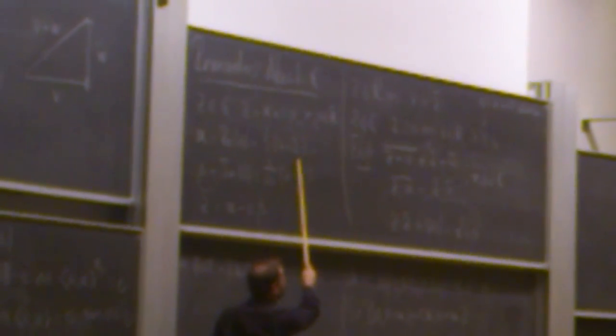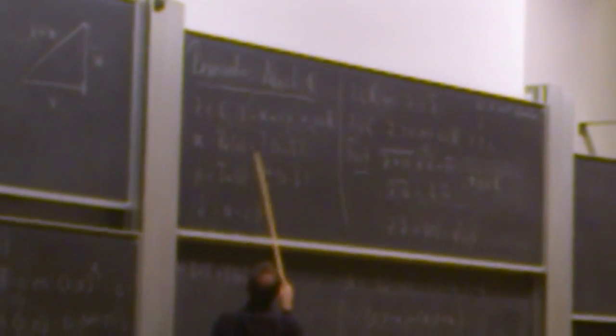So if you take any complex number and add its complex conjugate, and if you divide by 2, then you get the real part. If you don't divide by 2, you get 2 times the real part. So this is 2 times the real part of the inner product of V and W.